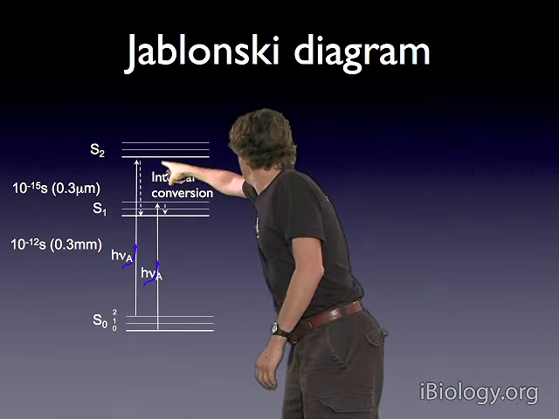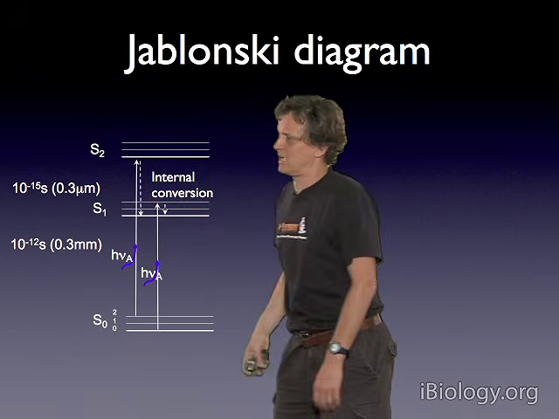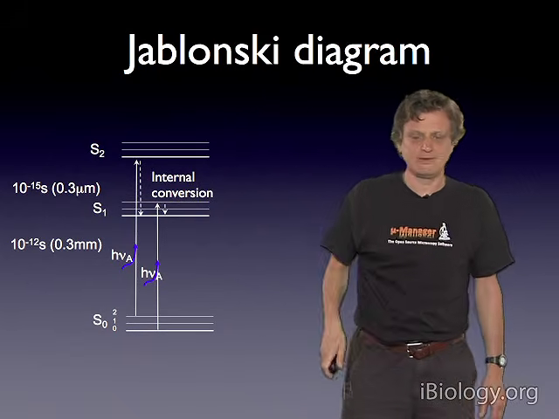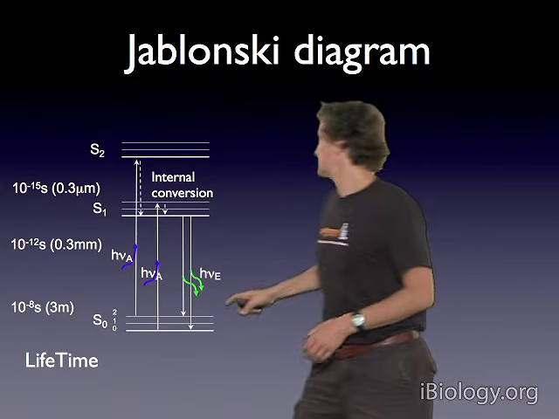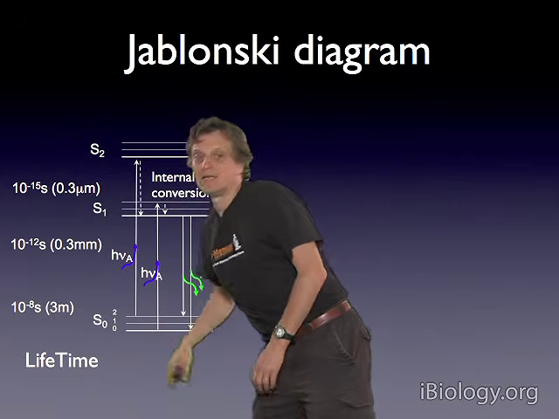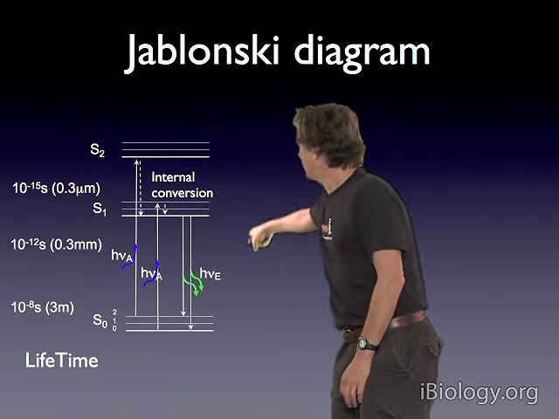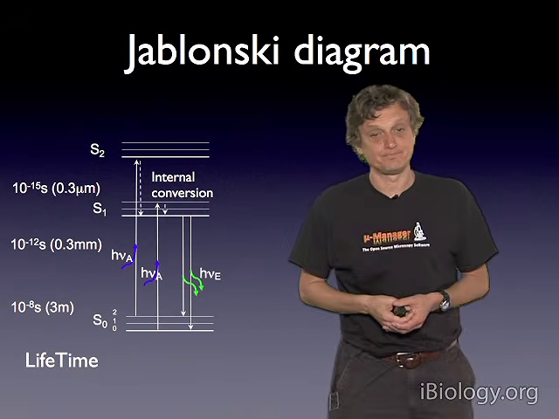Then the electron can hang out here for what is, in comparison to these previous time scales, almost an eternity, on the order of many nanoseconds. And then it will fall back to the real ground state and emit a photon.